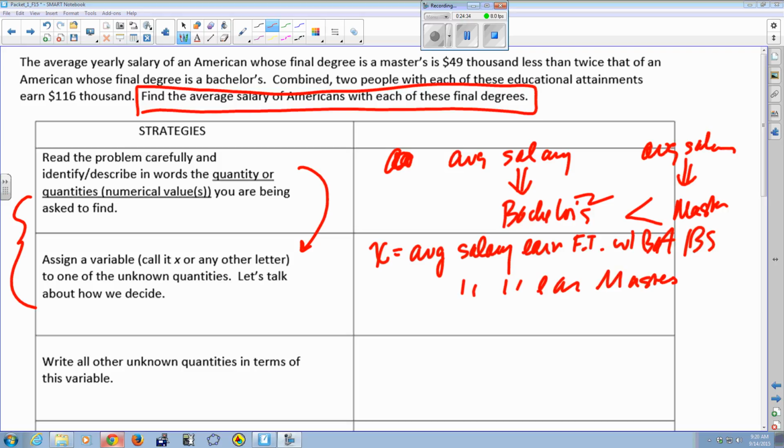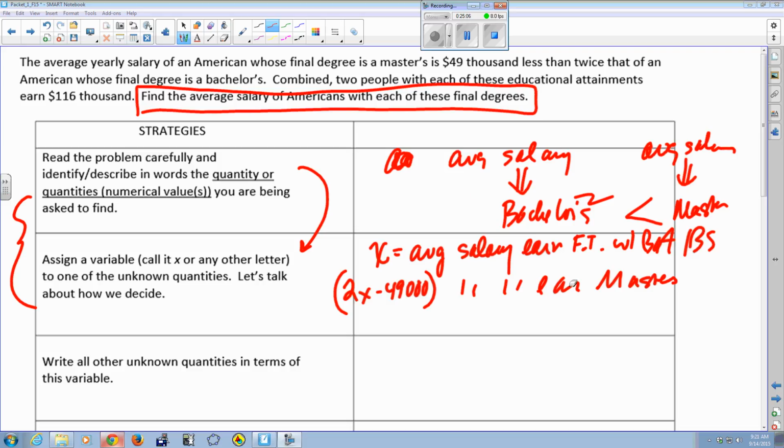And it's $49,000 less than twice that of a bachelor's. So I know I've got to double this and then subtract 49,000 from it. That represents a figure. So I'm putting that just so I see it as a simple one-item amount, just like I see X as one amount of money here. It's an average.